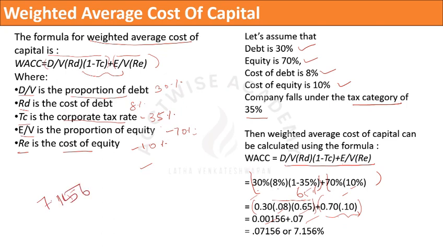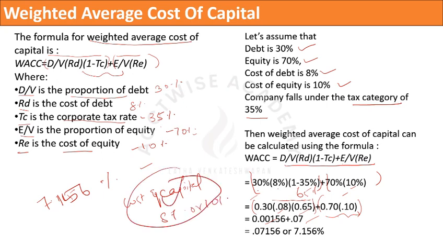So cost of capital is not 8% or 10%, but it is 7.156%, and it is called WACC, that is weighted average cost of capital, because our project was funded with both equity and debt.